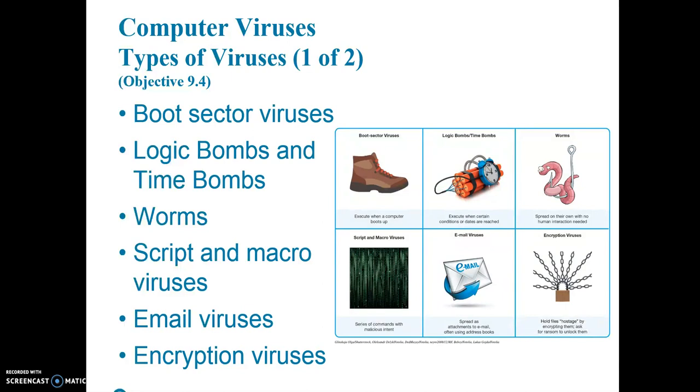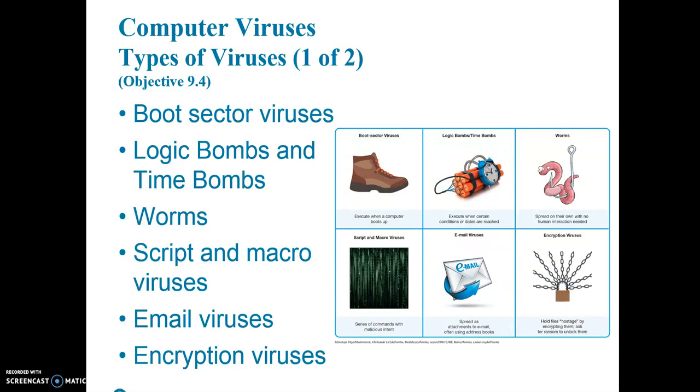Now we have encryption viruses, which are a major problem. These are like ransomware. Basically they hold your files hostage, they lock them, and you have to pay, usually in some sort of cryptocurrency, so that the people you're paying can remain anonymous.